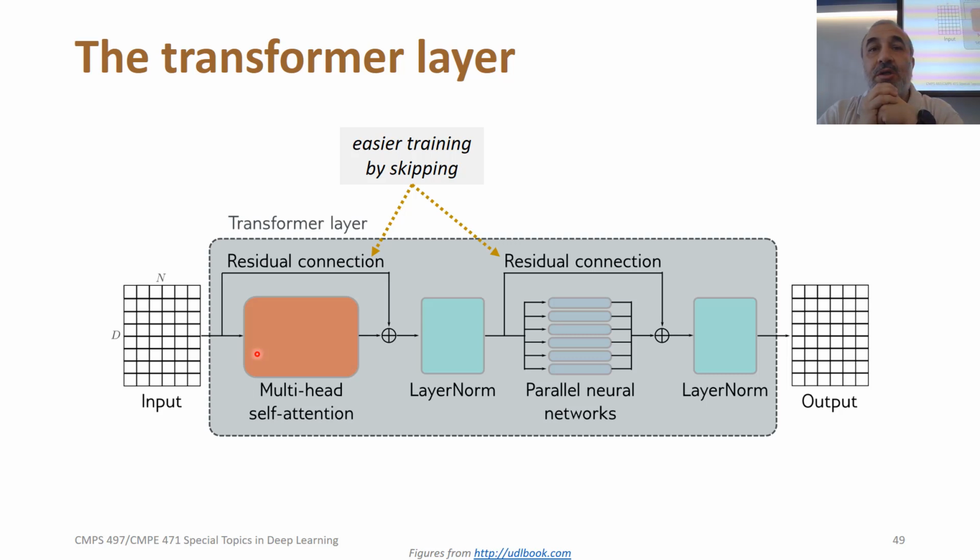It's called skipping because it's kind of skipping this part. It's not skipping overall, but it's generally called a skipping connection because it's bypassing part of the network.